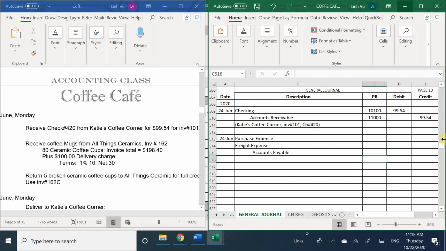It's 6,100 for the purchase expense, and freight is 6,300. All right, and what amounts am I going to be placing in here?